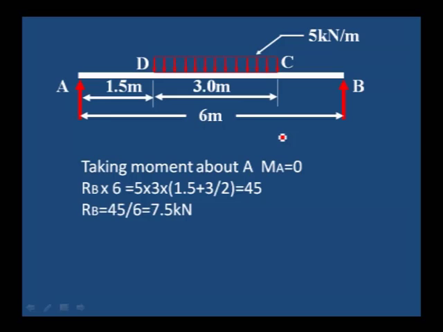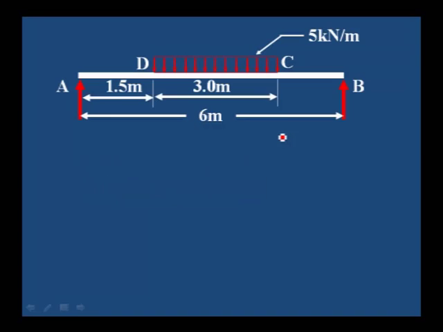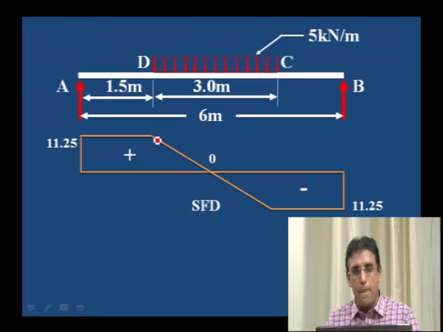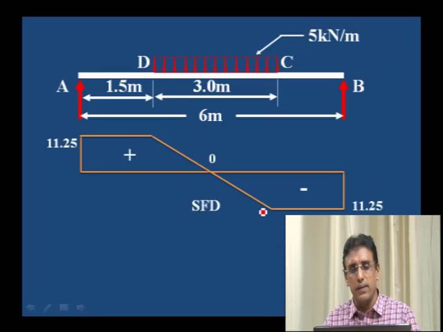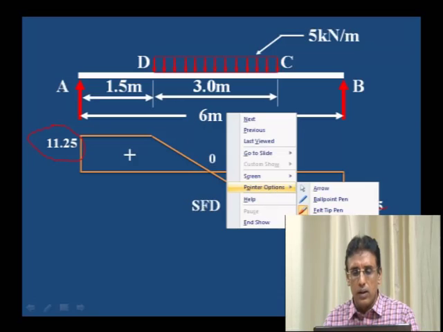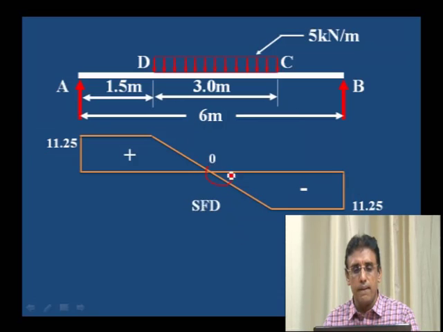Okay, we will discuss these further problems in the next session. This is one more example I have taken here. You can see uniformly distributed load is acting at the central part. The central portion is inclined, and the other portions, left side is the RA value and right side is the RB value, and exactly at the center it changes its sign, because it is symmetrically loaded.